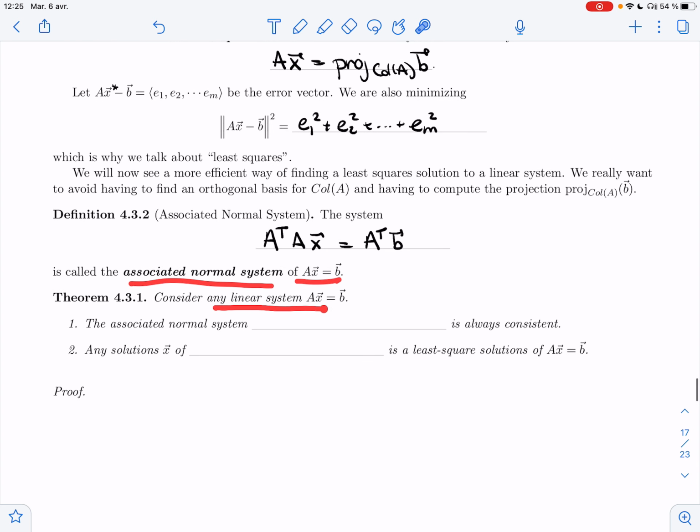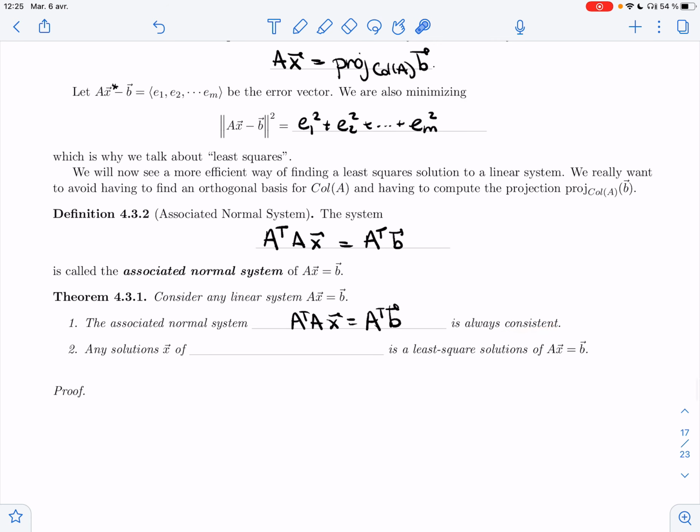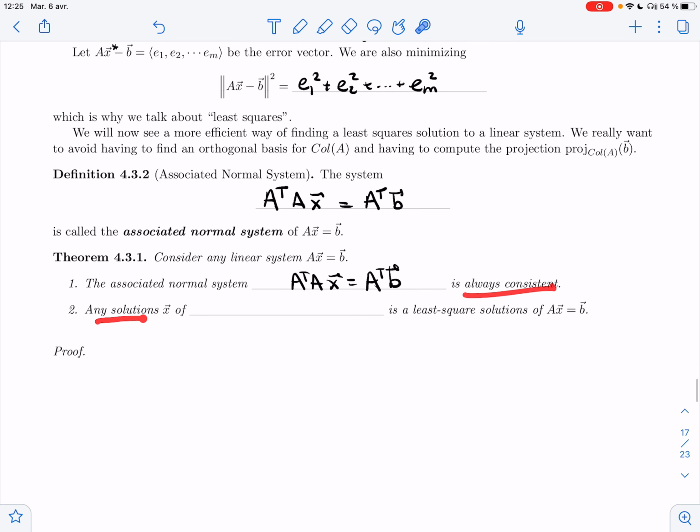And for any linear system, the associated normal system, A transpose Ax equals A transpose b, is always consistent. And any solution x of A transpose Ax equals A transpose b is a least square solution of Ax equals b.